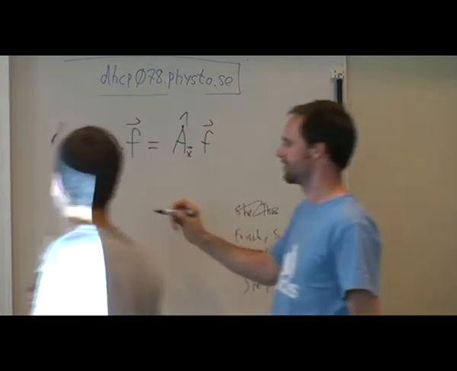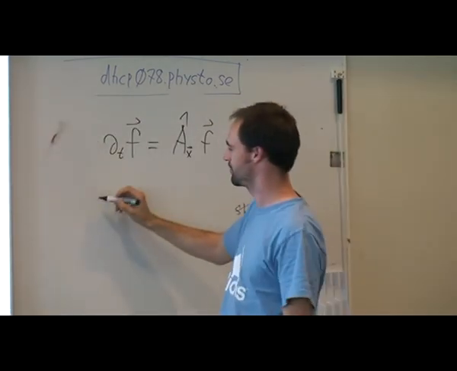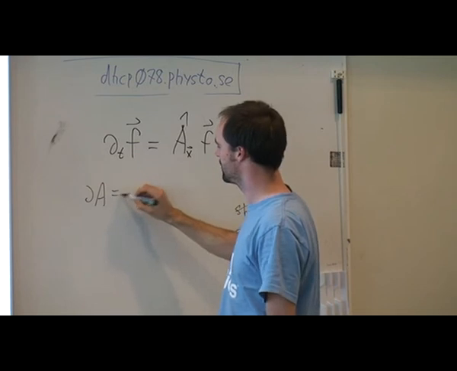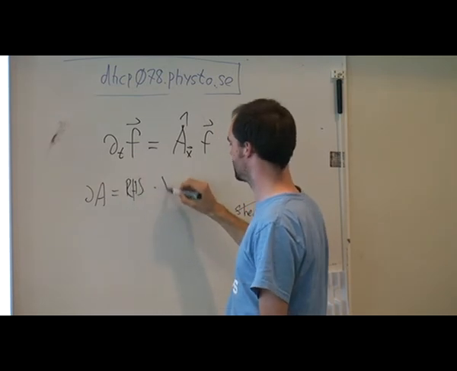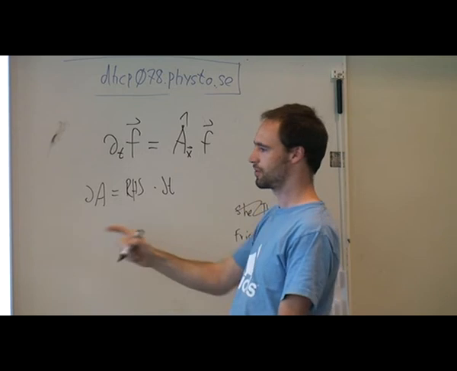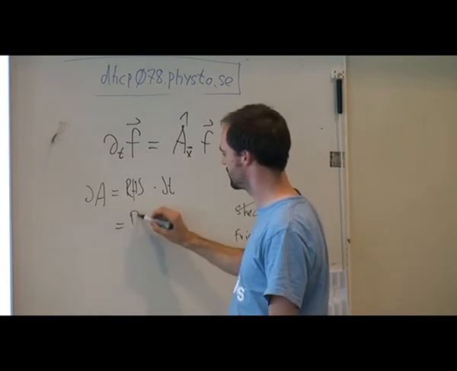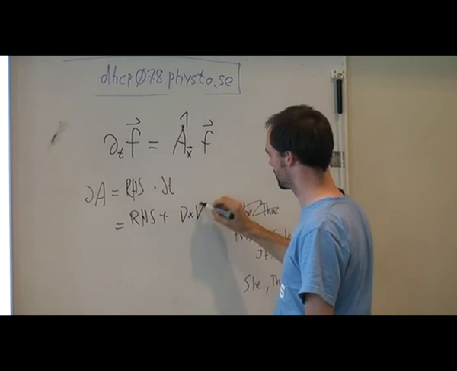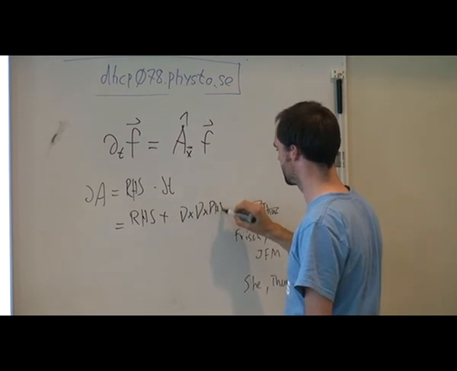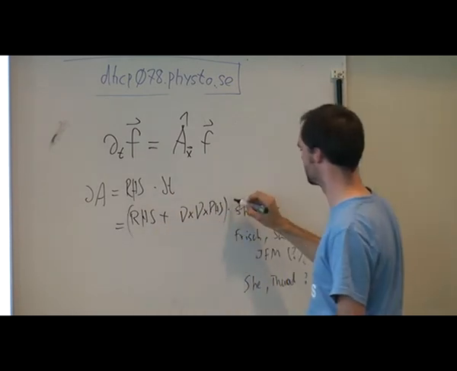So what we are doing is dA is something like right-hand side times dt. And what we should perhaps do is right-hand side plus curl of right-hand side, and this takes time t.